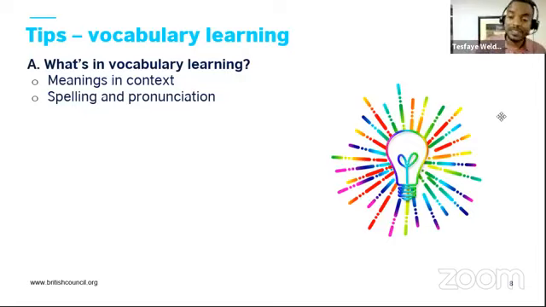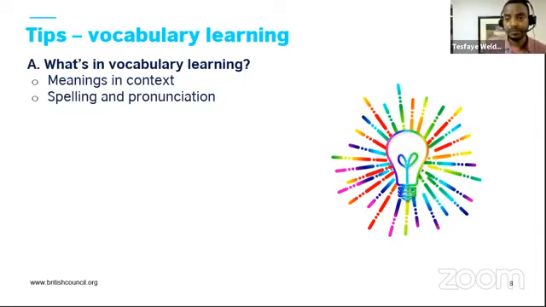Also, we need to think about pronunciation, and make sure that we are able to pronounce it right, so that we don't mistake it for another word. Because in English, unlike many other languages in the world, we have words that have exactly the same spelling, but different meaning and pronunciation.